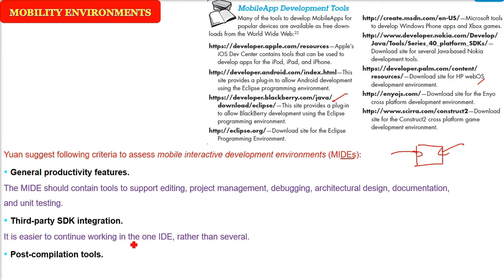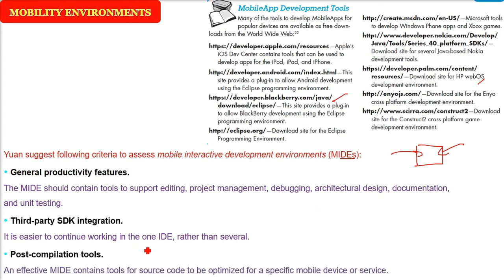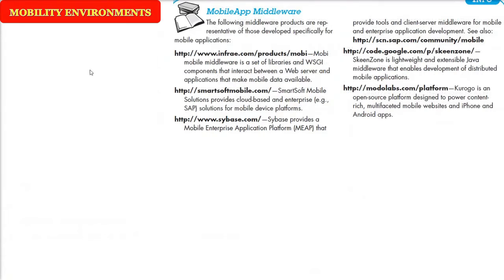Post compilation tools. A good MIDE should contain tools so that source code can be optimized for a specific mobile device or service. Then over the air deployment support.